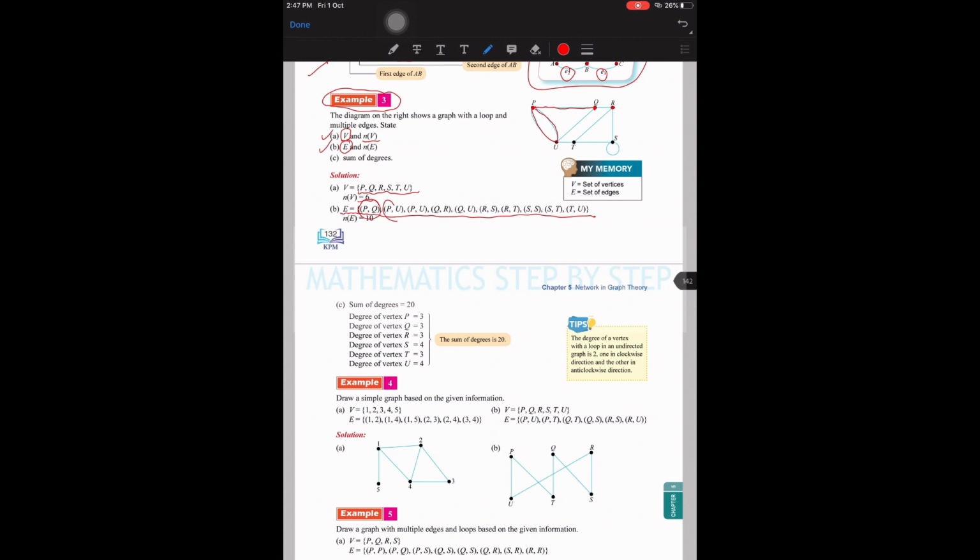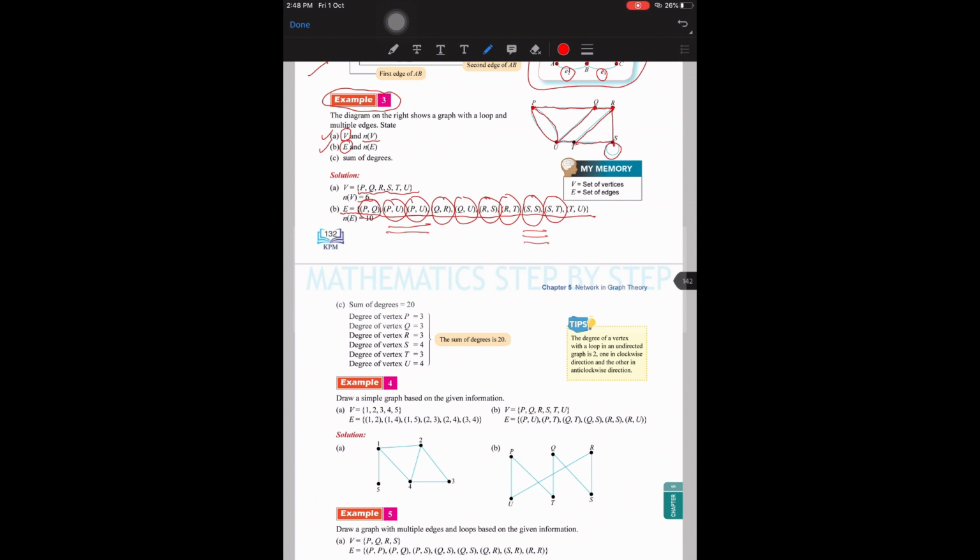Okay, so whenever we see this, it means there's a multiple edge. Okay, then now QR, QU. Okay, then RS, RT, then S, go back to S. Okay, whenever we see this, okay, it shows a loop. Then ST, and lastly TU.